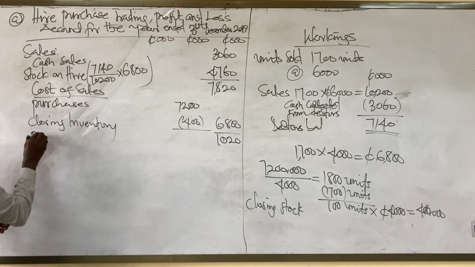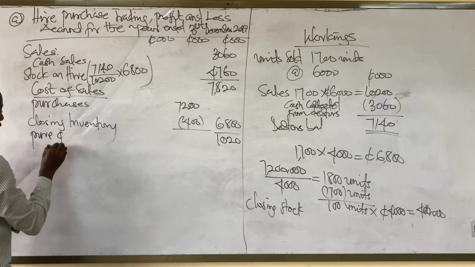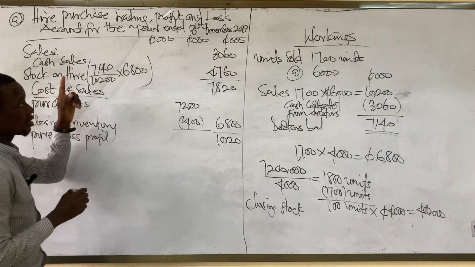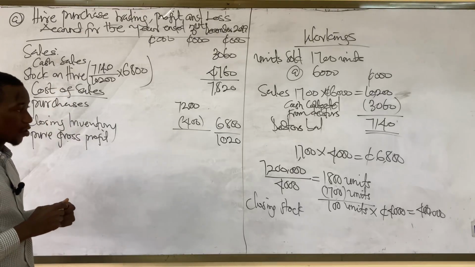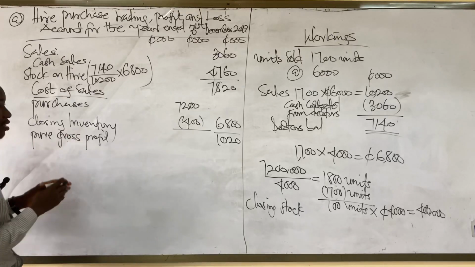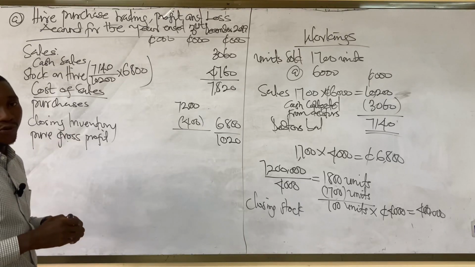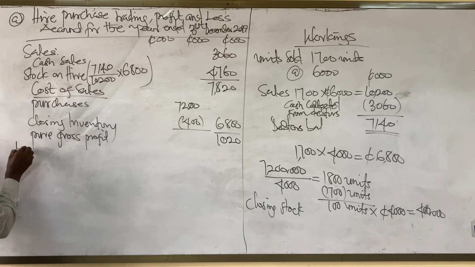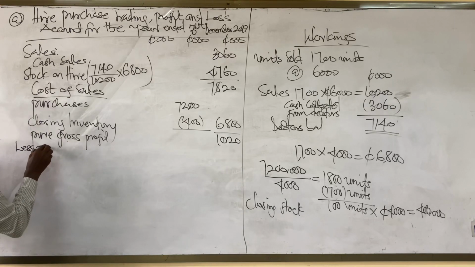So this becomes the pure gross profit because we are using the stock on hire method. Is that okay? So after arriving at our gross profit, then we take out the operating expenses to ascertain the net profit. So we less operating expenses.